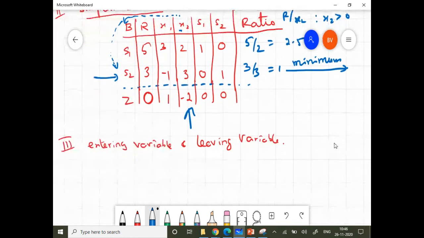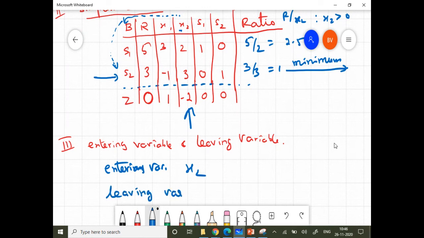So this is done. I am writing the result here. The entering variable is x2, and the leaving variable is s2.